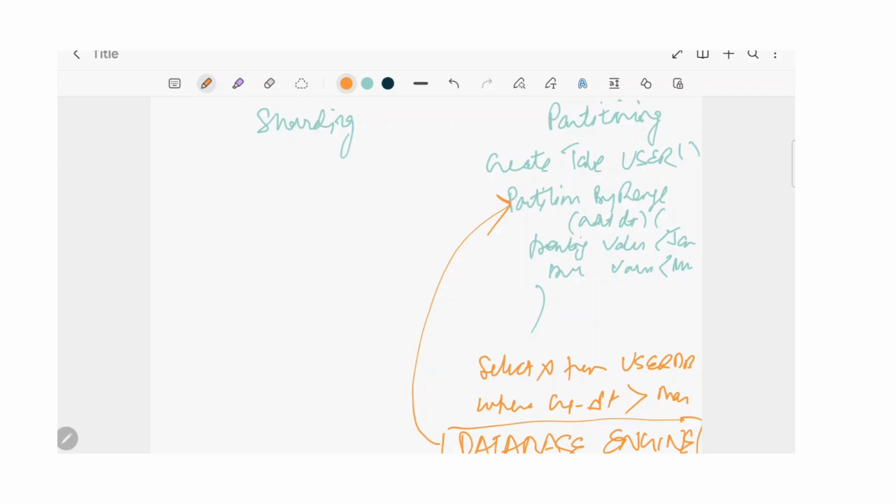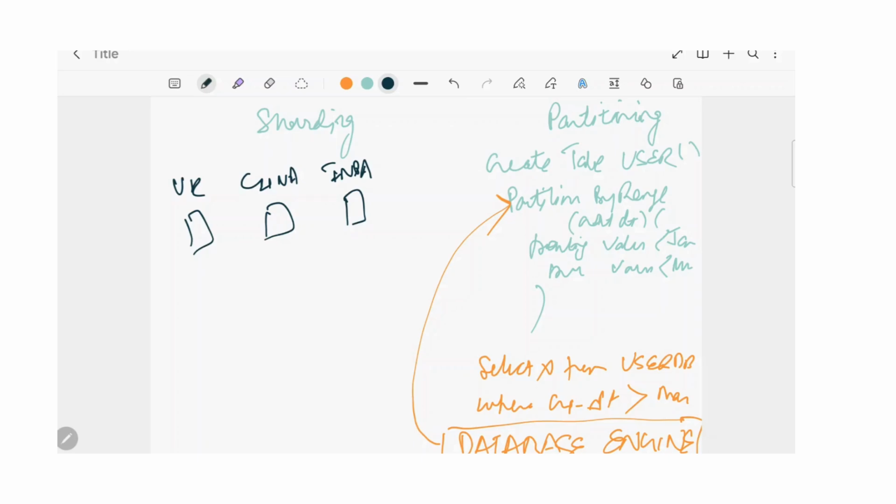Now let's take the example of sharding. We had the example where the users were of different locations, right? We have sharded with UK, China, India. So we have data at different places, but how would the application or the query know where to go?